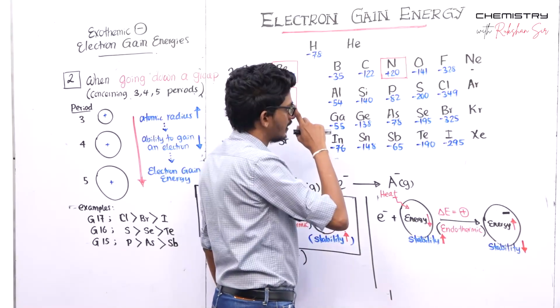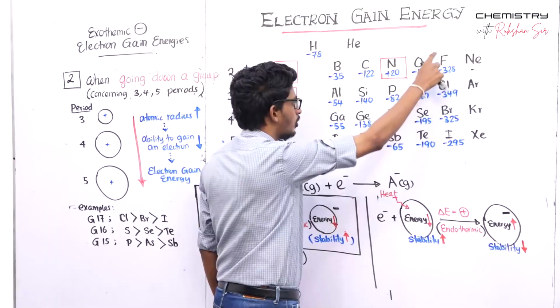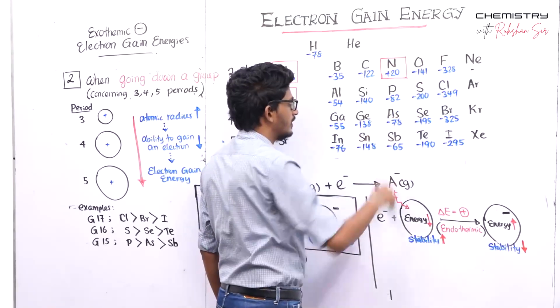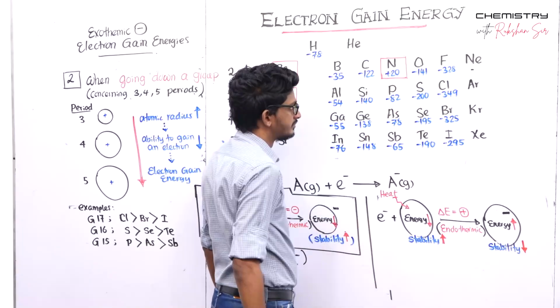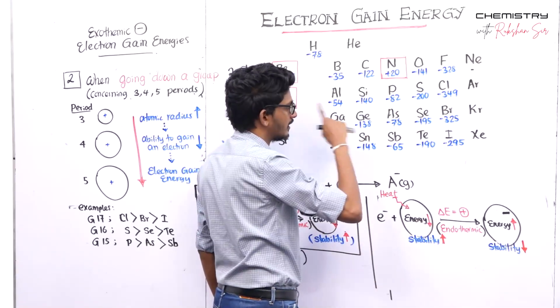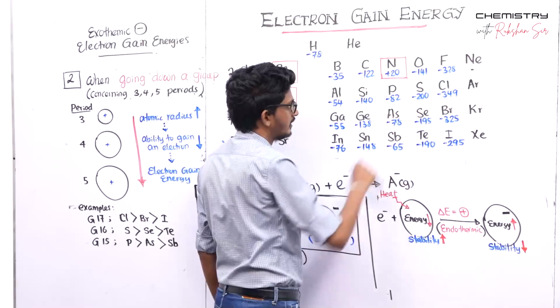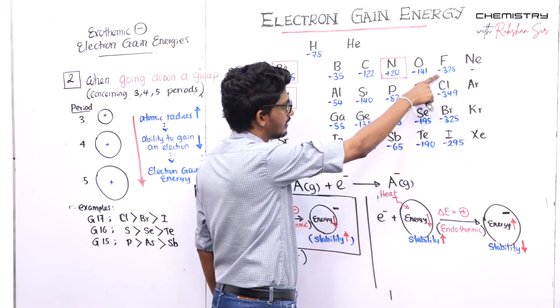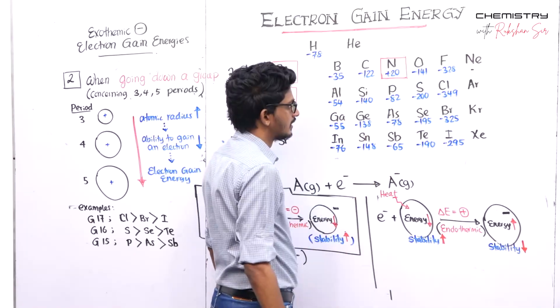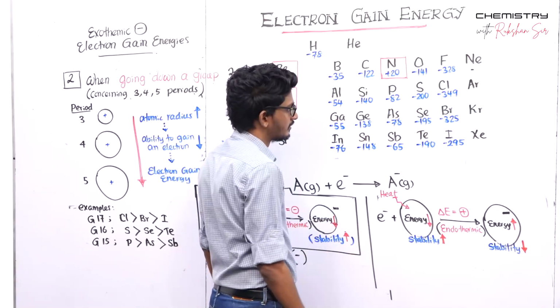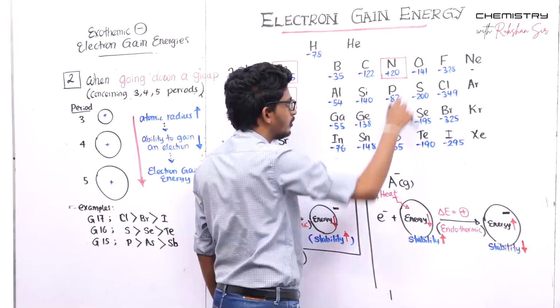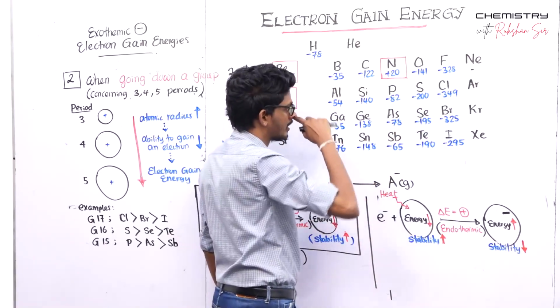Even though fluorine has a smaller size, its electron gain is less than that of chlorine. Chlorine has an exothermic value of 349, but fluorine has an exothermic value of 328. The ability to gain an electron in fluorine is less than chlorine, even though fluorine is smaller. So you see some exception there.